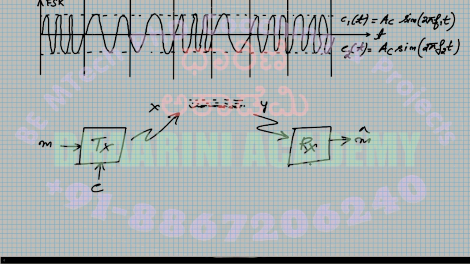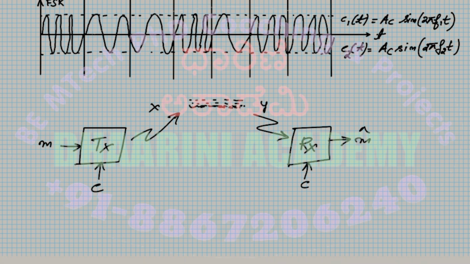This means the receiver should know what the C is. Only when the receiver knows what C was used to do the calculation of X, you can use the same thing on the receiver side to cancel the effect.